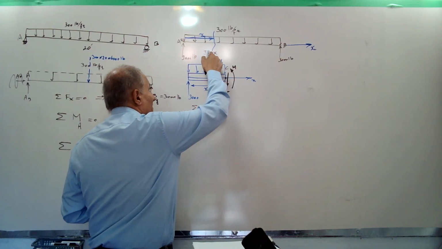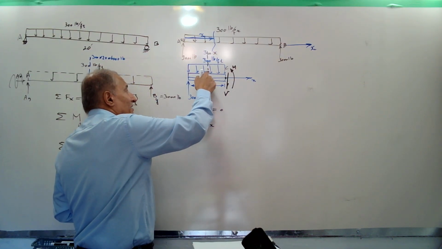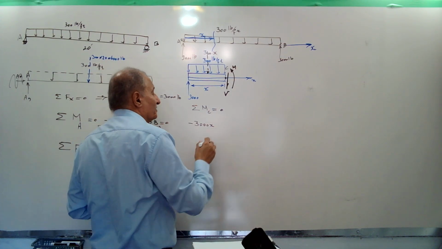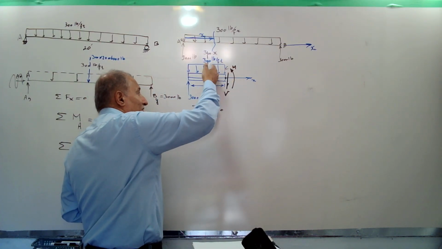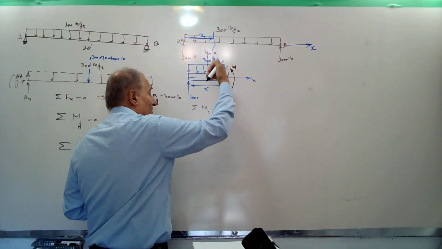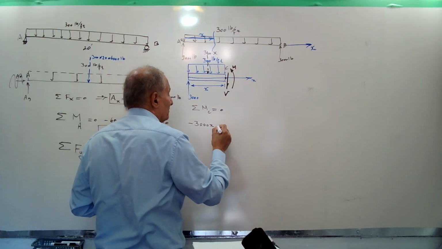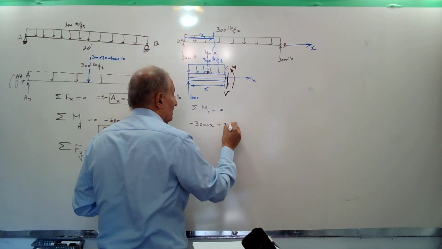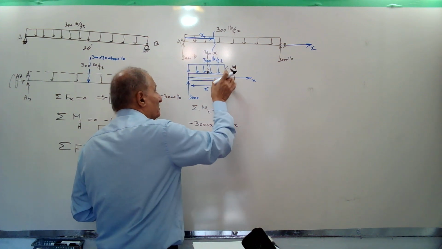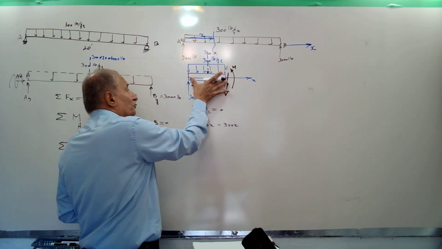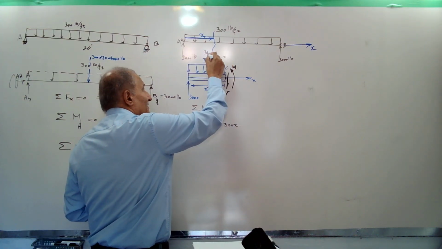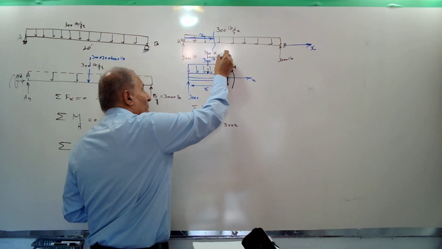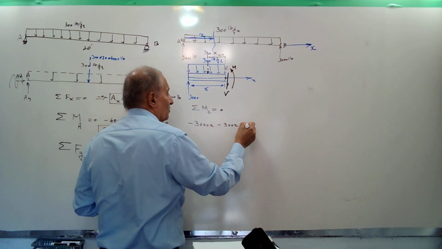Then 300 times x, the length of this portion, times 300 pound per foot, is the equivalent concentrated force, and it produces about this point a counterclockwise moment, which is considered positive, 300x times the distance. If the portion is x, this distance is half x, x over 2.